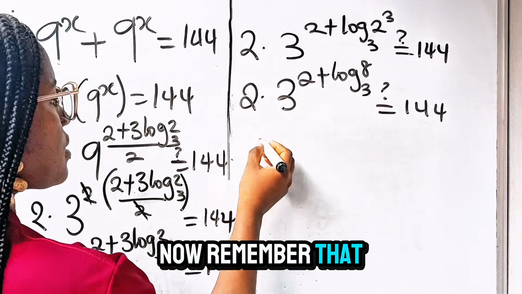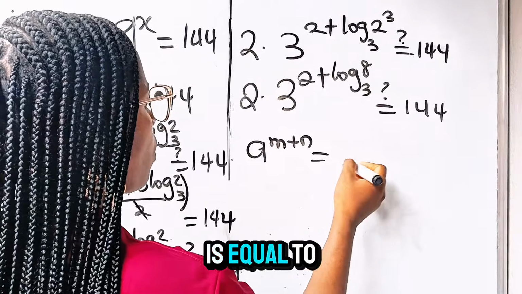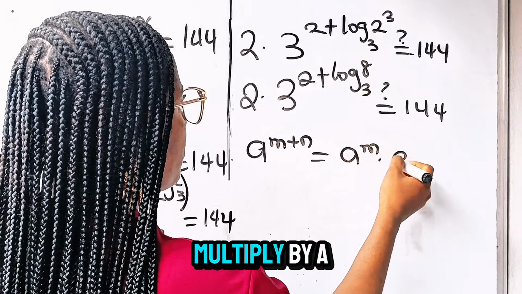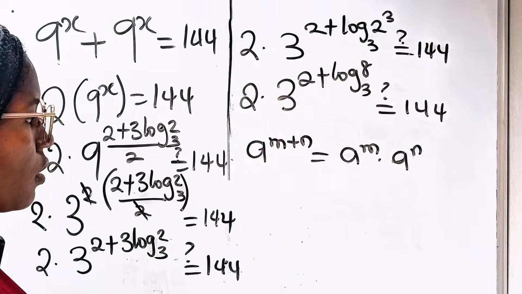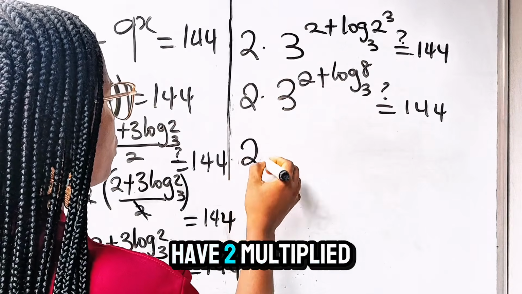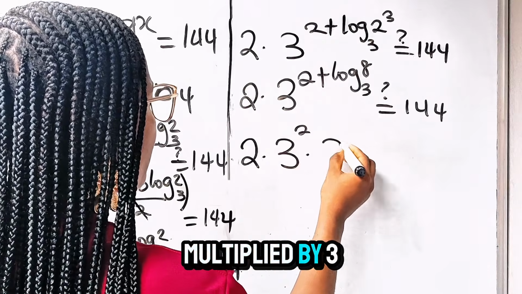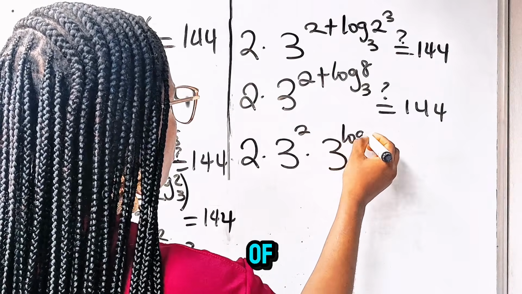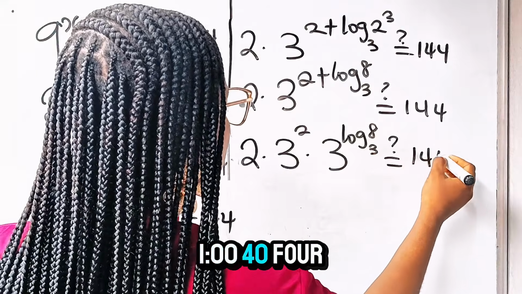Now, remember that a to the power of m plus n is equal to a to the power of m multiplied by a to the power of n, right? So now we have 2 multiplied by 3 to the power of 2 multiplied by 3 to the power of log 8 base 3. Now, is this equal to 144?